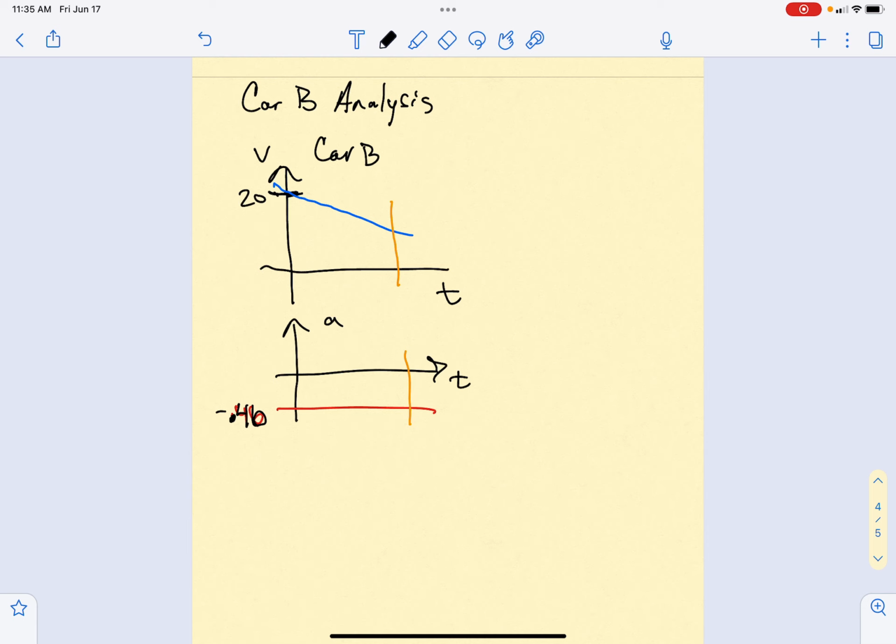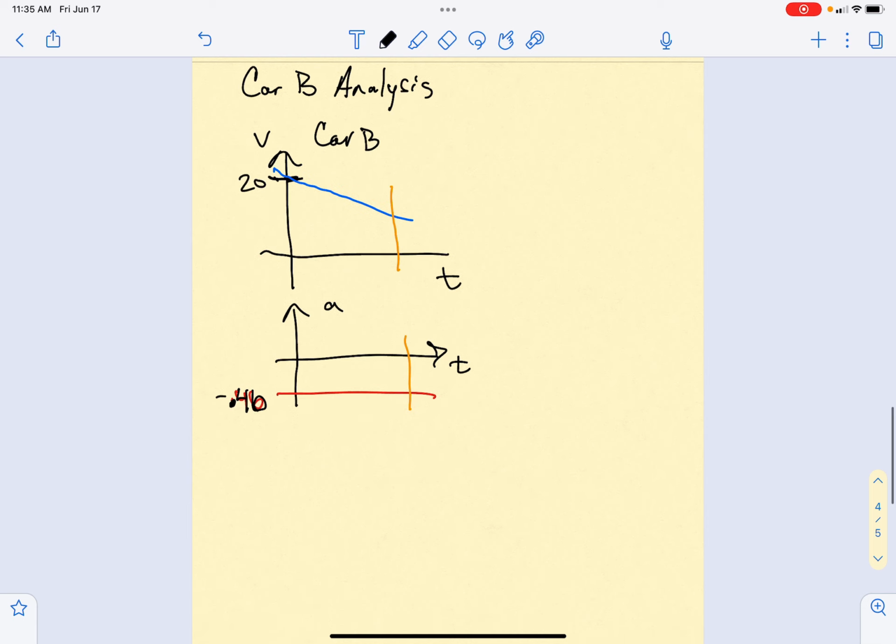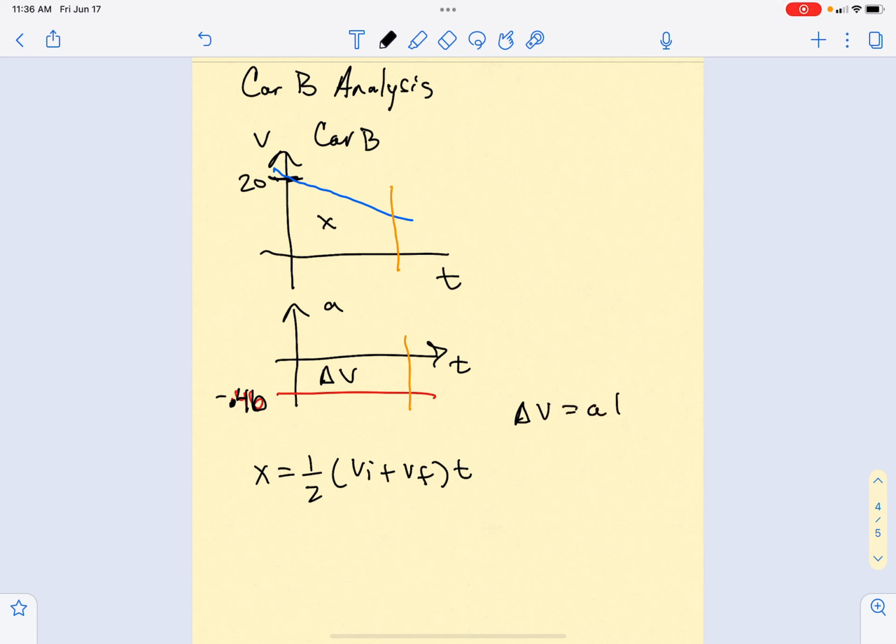Now here, we're going to do the same exact thing, the same exact mathematical idea. I'm going to find a position equation. So I express the position x as a trapezoid. And right here is our delta v, and delta v is a times t.